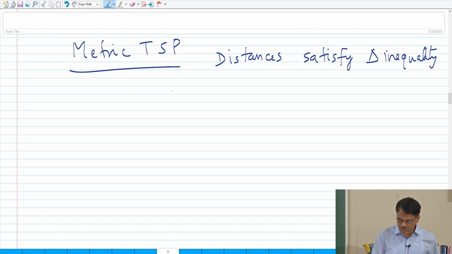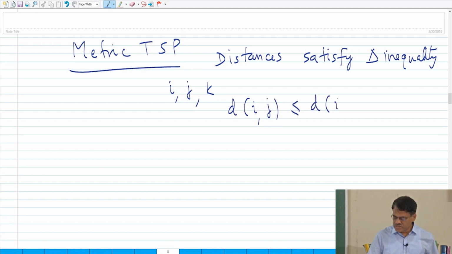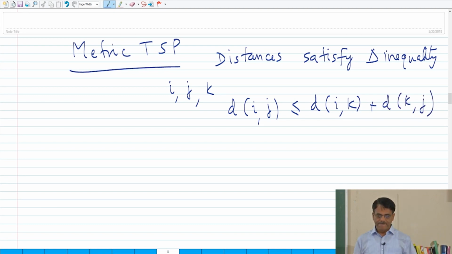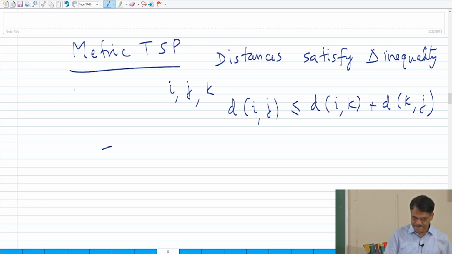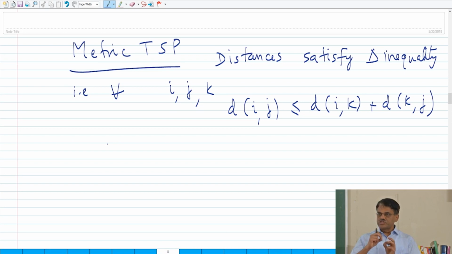What is it? Whenever you have 3 points i, j, k, the distance between i, j is less than or equal to the distance between i, k plus the distance between k, j. That is, it is always shorter to go direct than going through any other vertex.